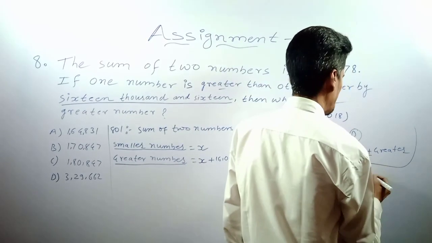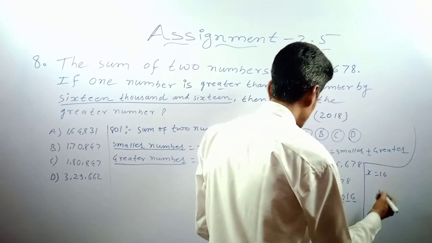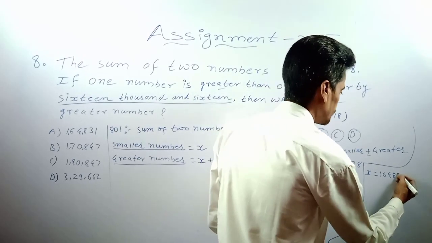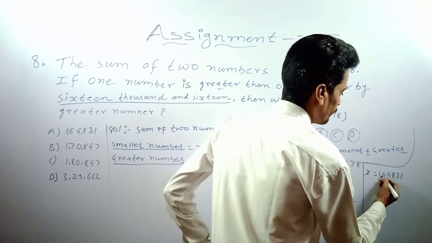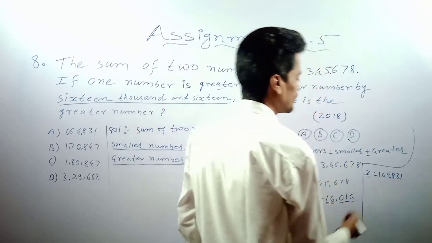Then x equals the value we got here, 1,64,831. What is x?